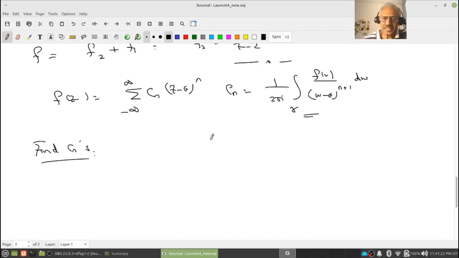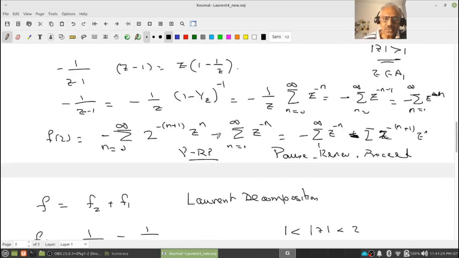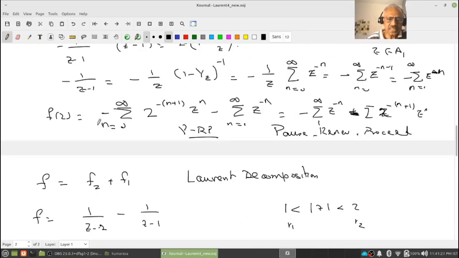What are our c_n's? Let us go back. In this case, if n is non-negative, then c_n is going to be minus 1 by 2 power n plus 1, and when n is less than 0, it's going to be minus 1.